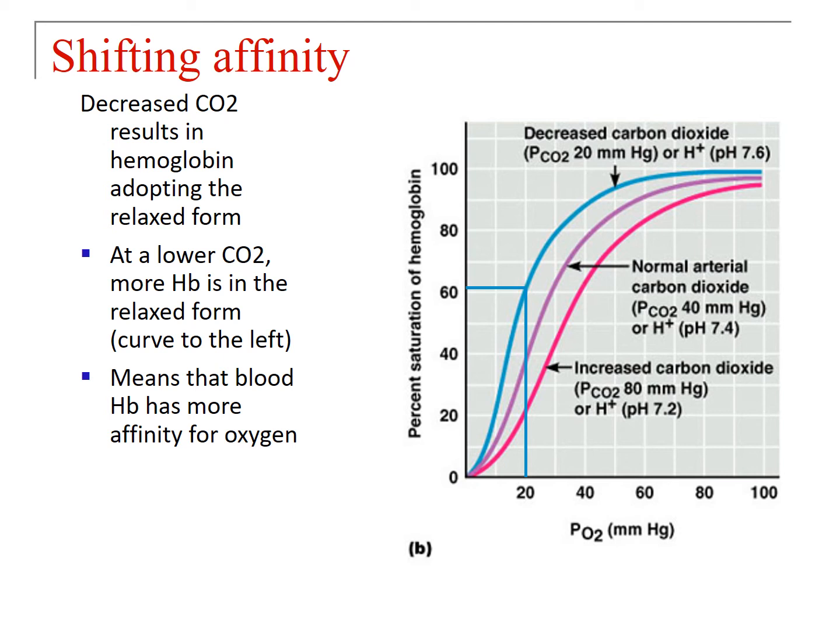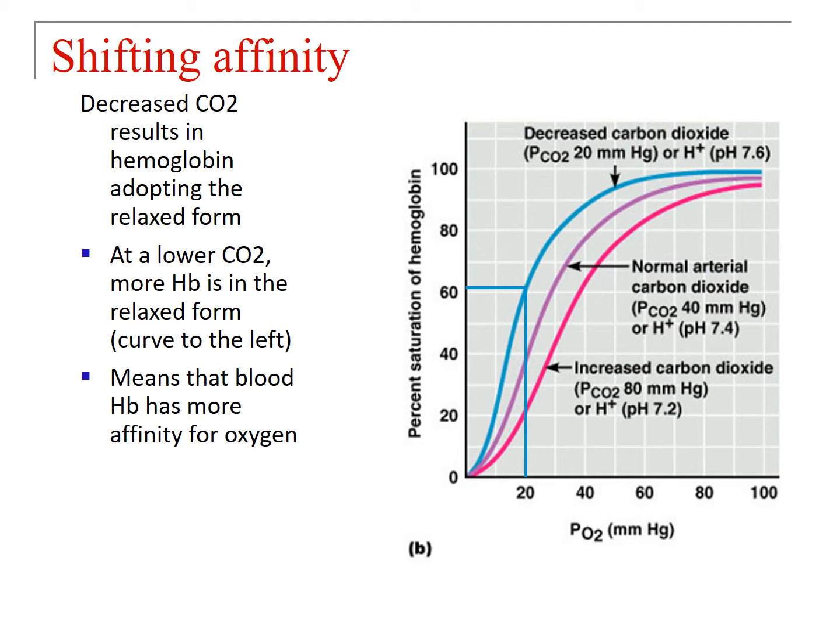Now, this is something in biology that I think is just about miraculous. So, in the lungs, you want to pick up more oxygen. That's the whole point of being at the lungs in the first place. At the lungs, higher pH, relaxed form of hemoglobin, greater pickup of oxygen right where you need to pick up more oxygen.